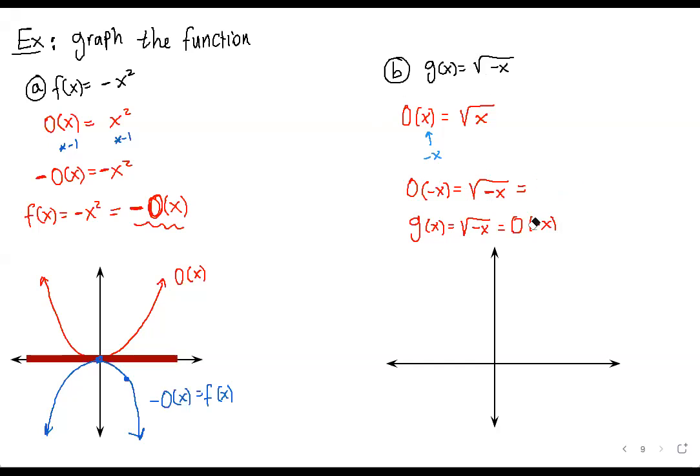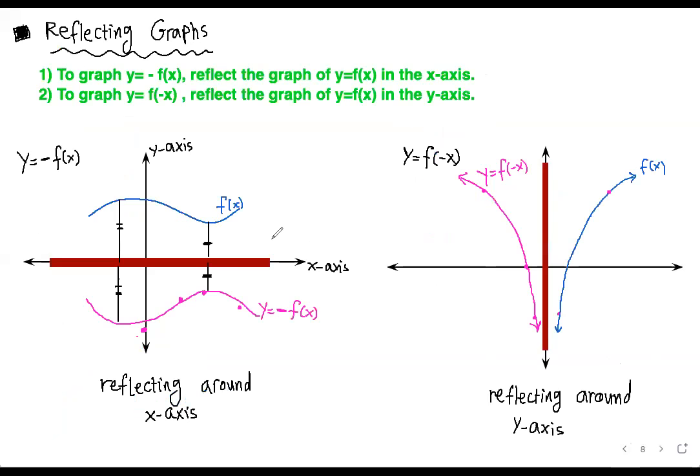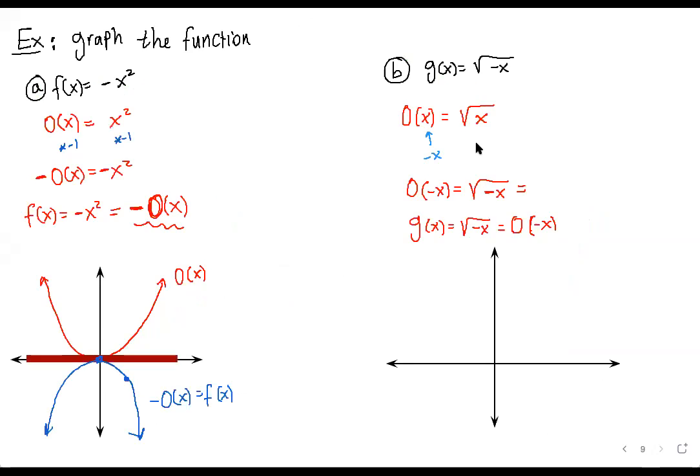As we learned from the reflection, the minus is inside, using the second property. This means we have to graph the original one reflected around the y-axis. My original function is the square root of x, and I know how to graph it using the previous slides.